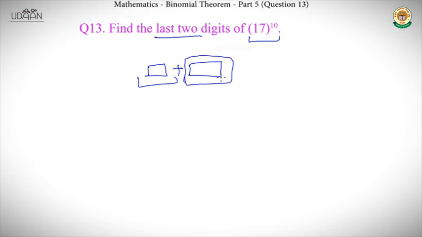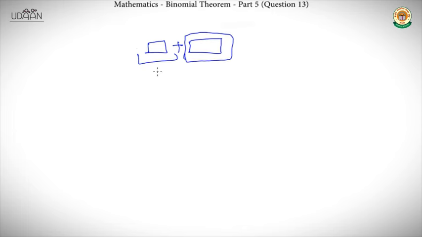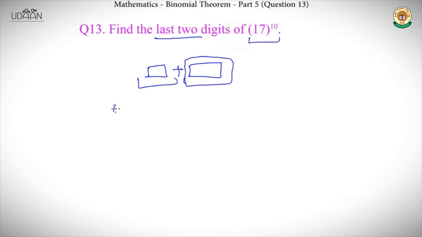So if x minus 1 whole raised to n is equal to the expansion in kx minus 1, if some part of kx is a multiple of 100, then we can simplify it further.